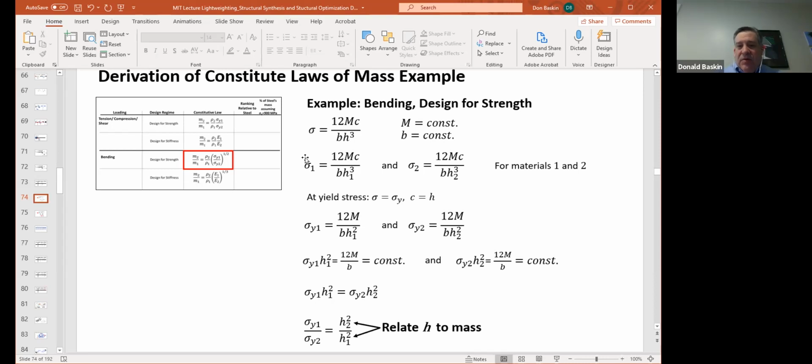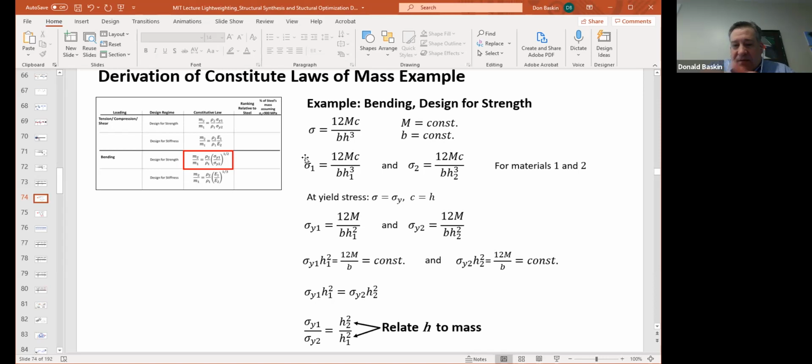You can then write this equation for two different materials, sigma 1 and sigma 2, material 1 and material 2, realizing that the stress is going to be highest at the maximum c value, as far away from the neutral axis as possible, which is h, and that the thing is going to break when it hits the yield strength, sigma Y. Plugging those in, you get sigma yield 1 equals 12M over BH squared.